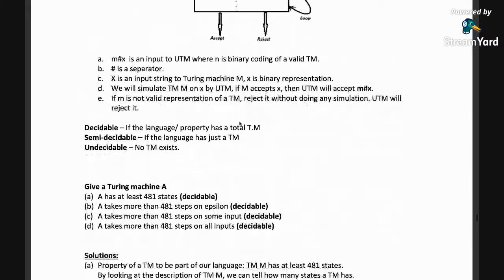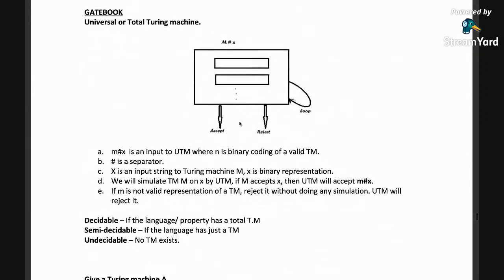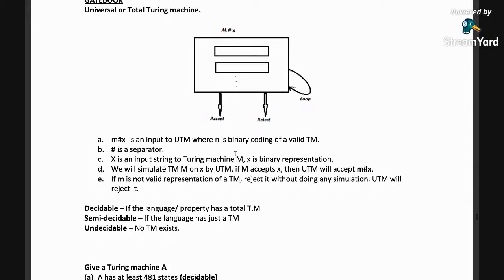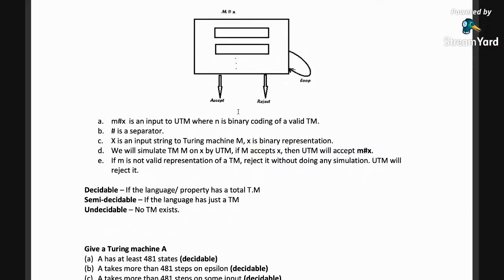Universal or total. So it has one accept, one reject. This X is an input to the universal Turing machine, where M is the binary coding of a valid Turing machine.